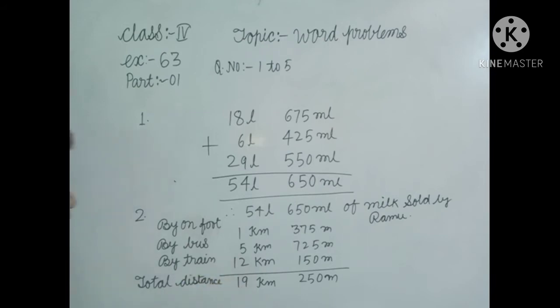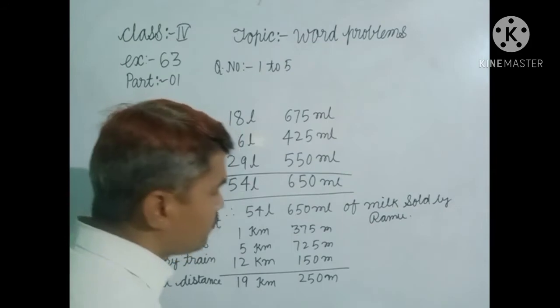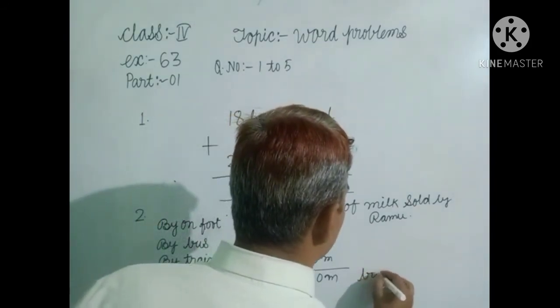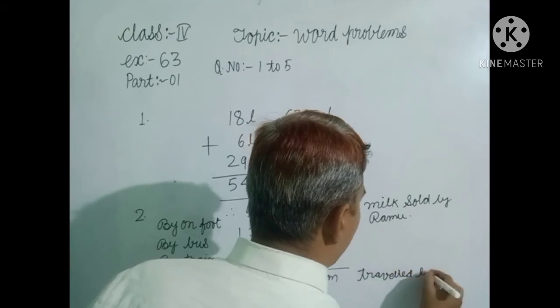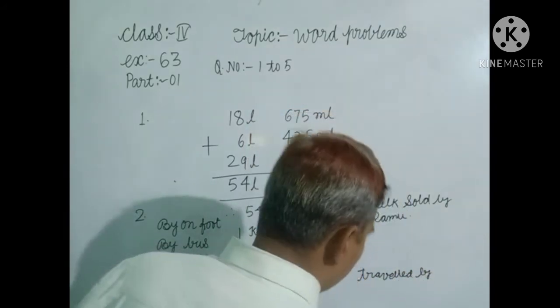Total distance 19 kilometers 250 meters traveled by Mr. Gupta.